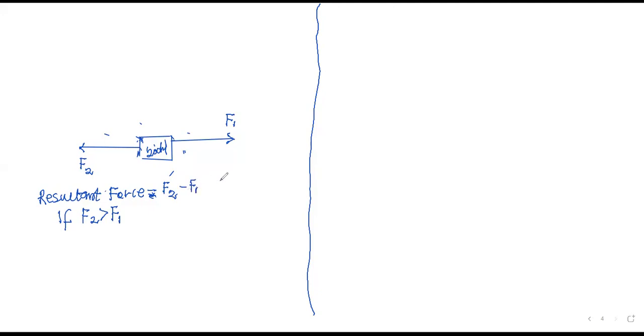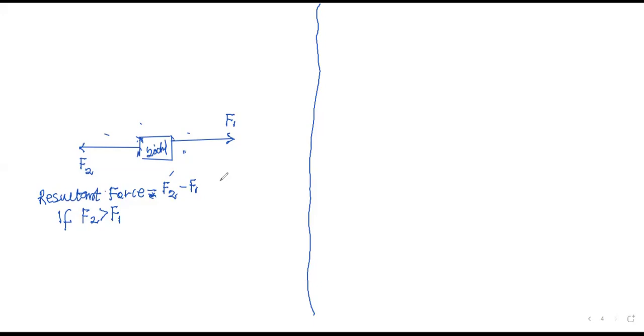And what will be the direction of the resultant force? What will be the direction of the resultant force? Elikem, let's hear from you too. So the direction of the force will be due west because F2 is greater than F1.